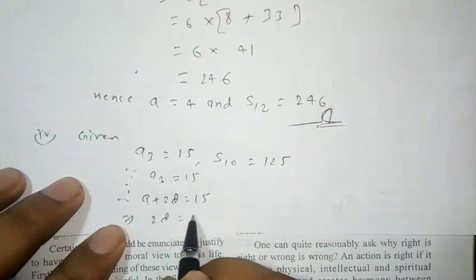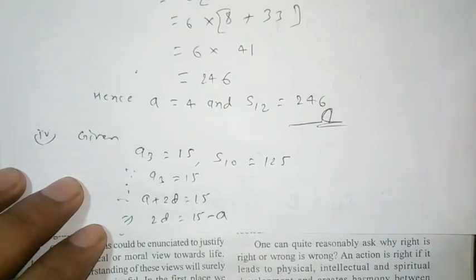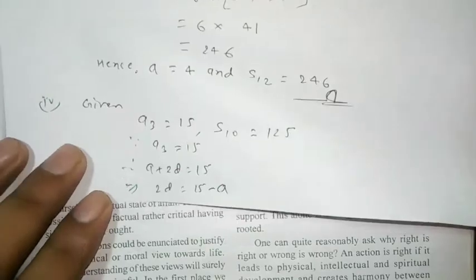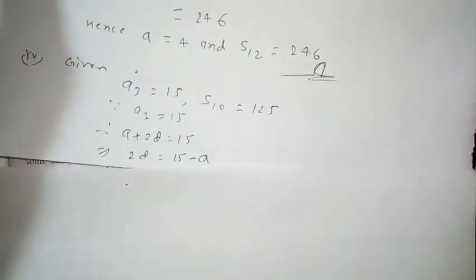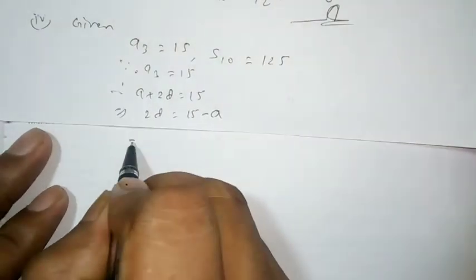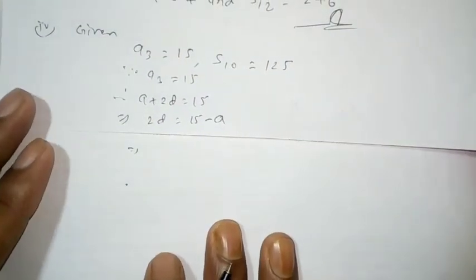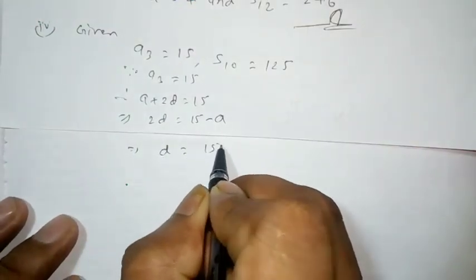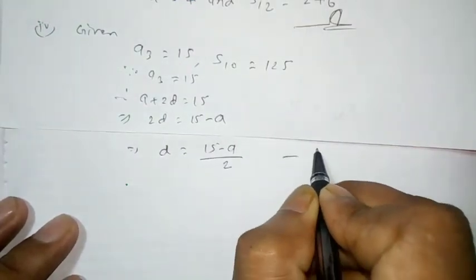Implies 2d is equal to 15 minus a. Implies d is equal to (15 minus a) by 2, equation 1.